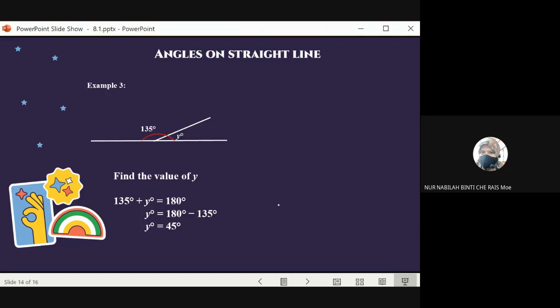How about this? Try to find the answer. Given like this, what answer do you get? You have x, 115, and 25. We want to find the value of x. What is the angle of x? Your friend got 40.